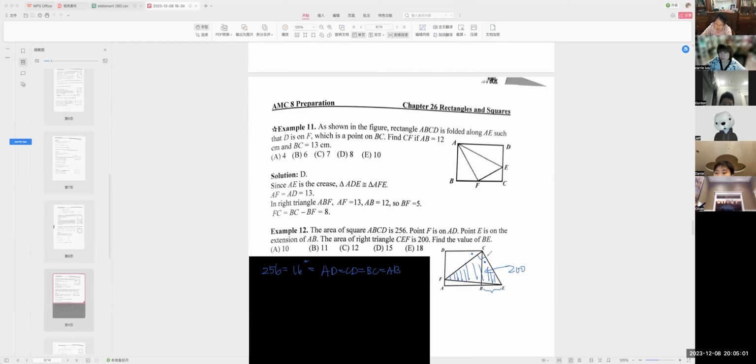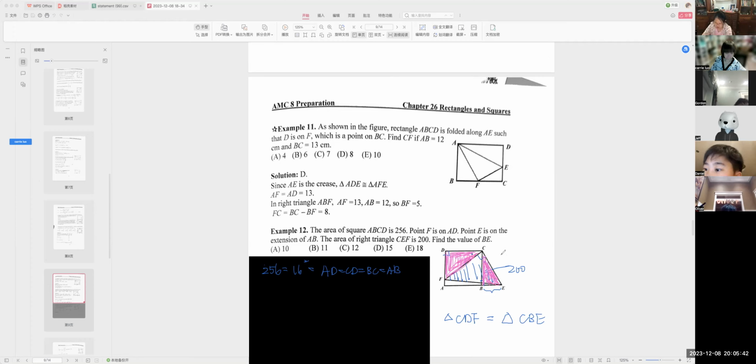And this angle equals this angle, and this one also equals this one. So based on that, triangle CDF equals triangle CBE. Okay, I'm going to use a different color to highlight it. So this triangle equals this triangle. They're equal to each other.